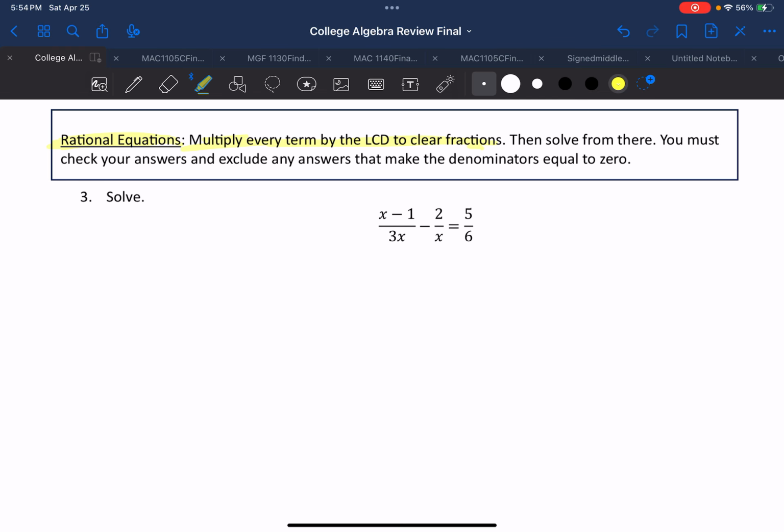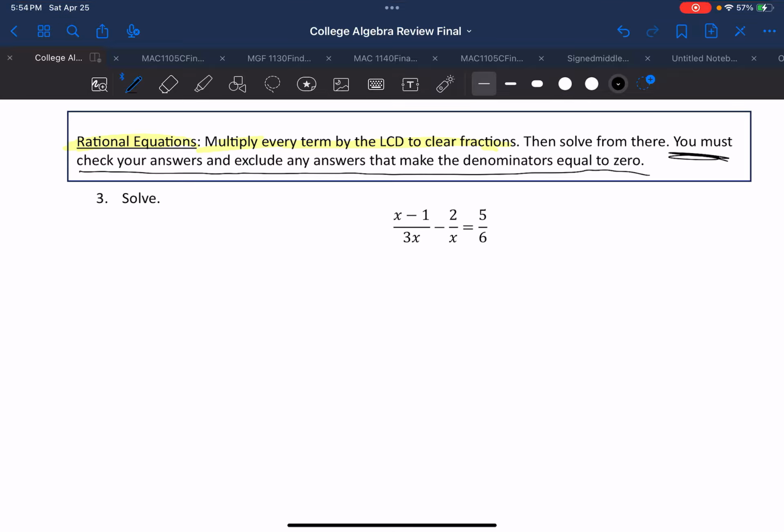And then you just solve from there after you clear your fractions. But you must check your answers and exclude any answers that make the denominators equal to 0, because we cannot divide by 0. So the denominators here cannot equal 0.